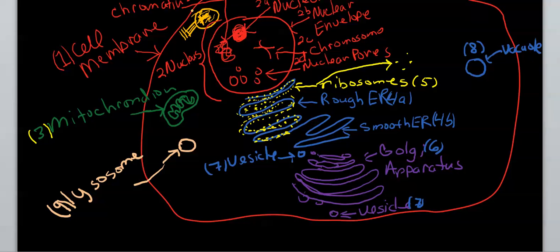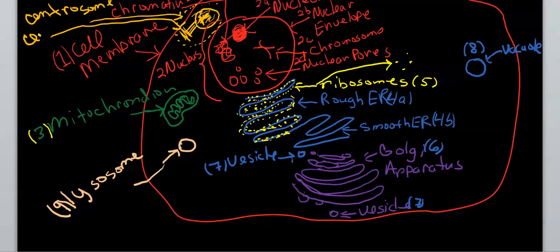We call this whole area the centrosome. But these two things there, which are a bunch of microtubules of fibers, are the centrioles that only animals have.